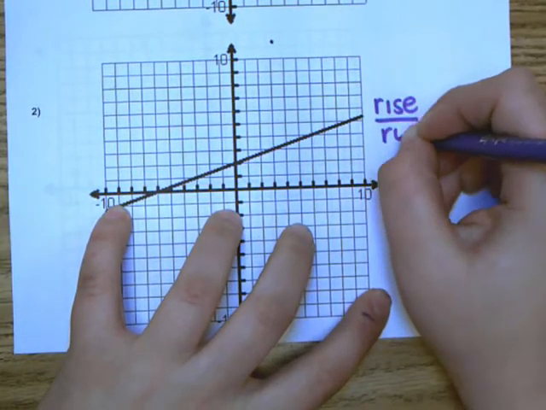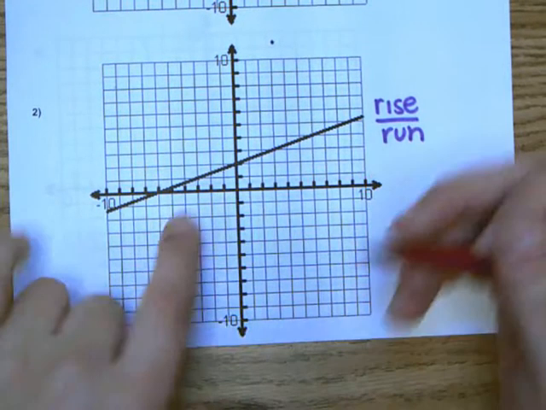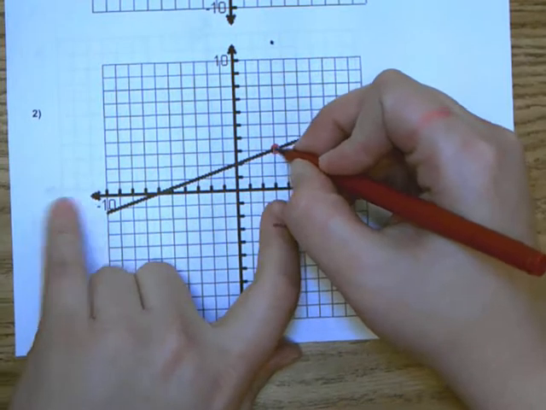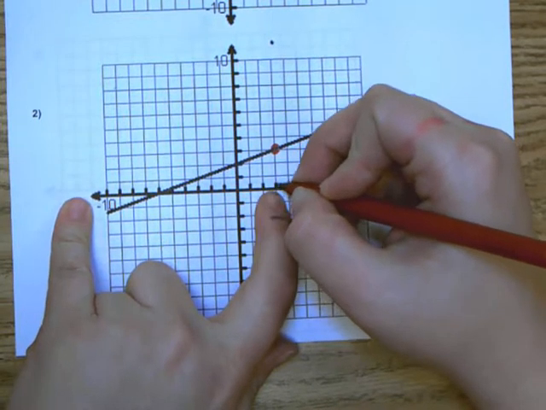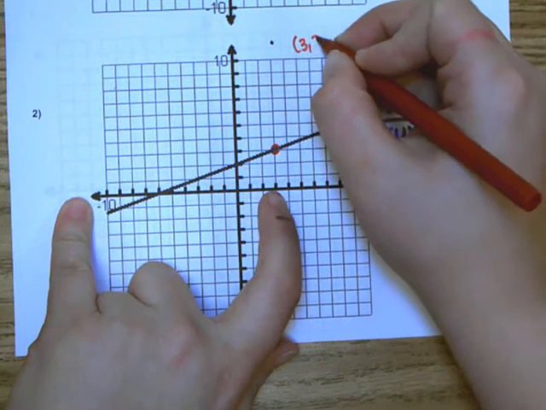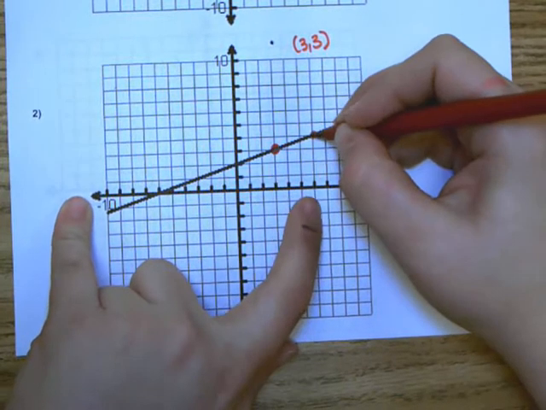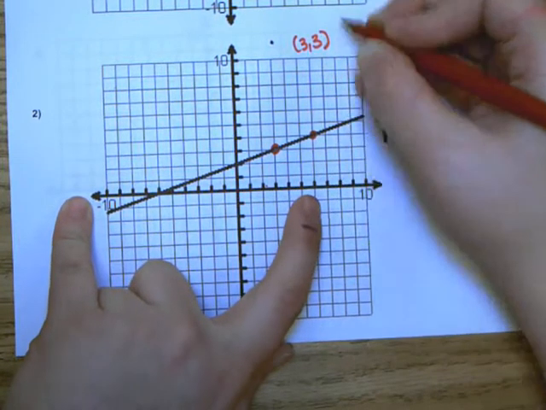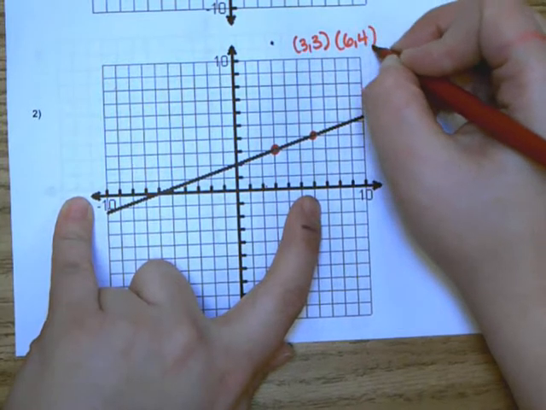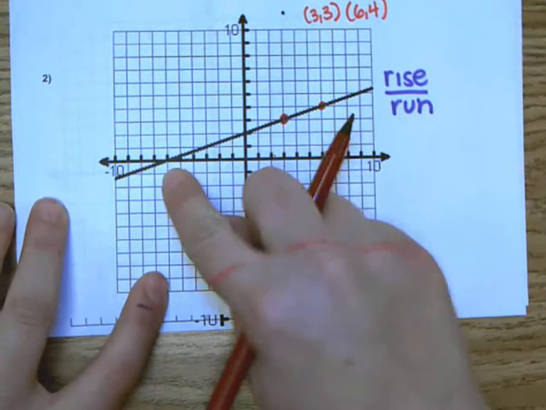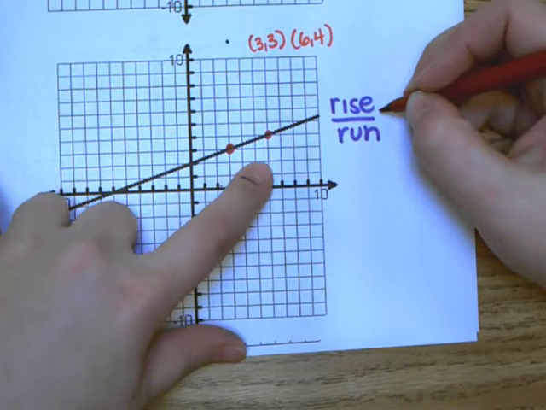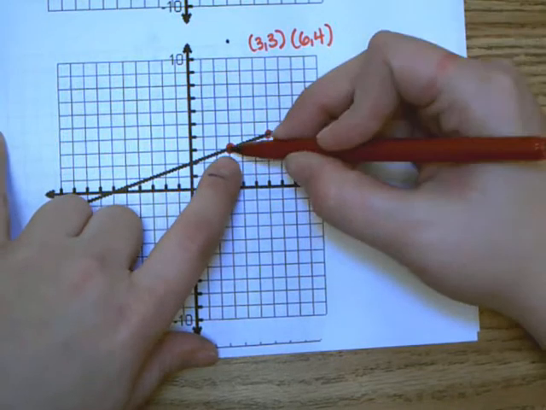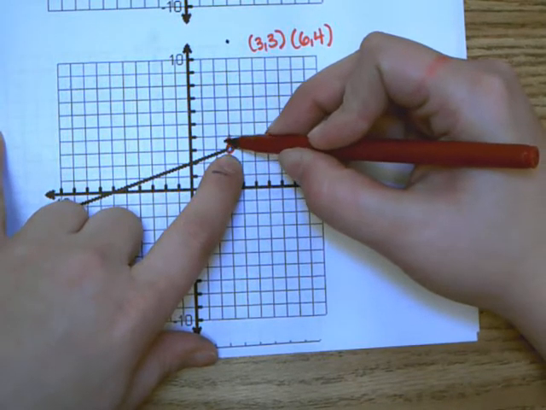Okay, let's take a look at another example. So rise over run. So we're going to pick 2 points that intersect perfectly. So I'm going to pick the point 3, 3. And I'm going to pick the point 6, 4. So I picked 2 points. And you could pick any points at all.